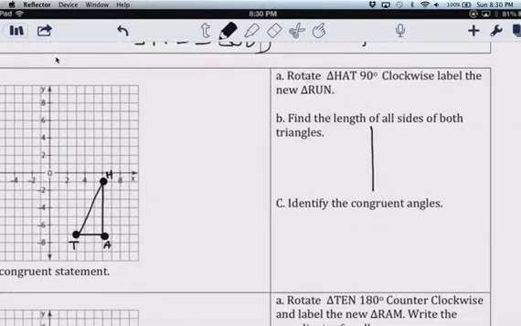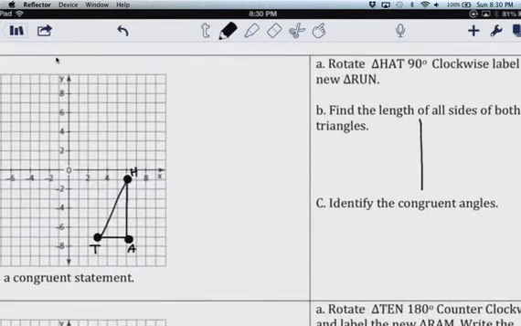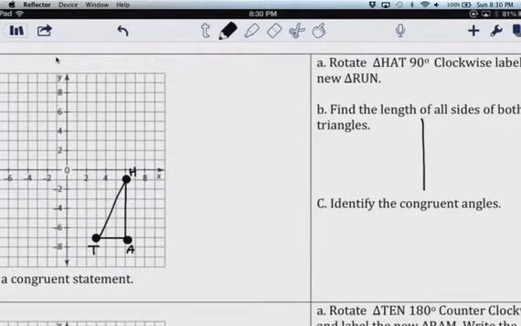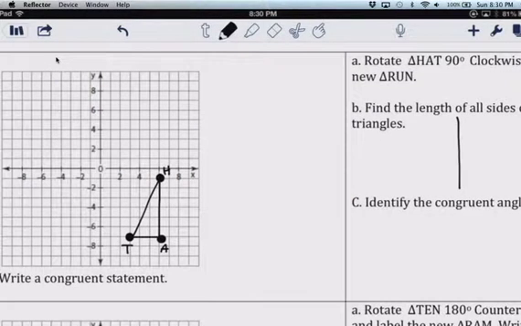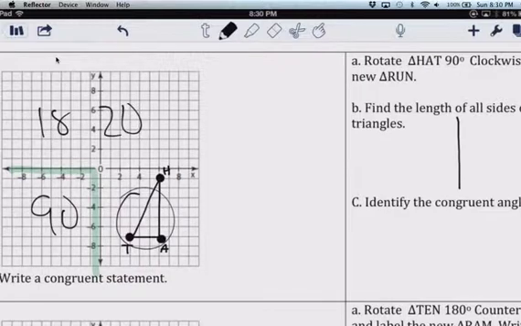Counterclockwise, rotate 90 degrees. Okay, H, 90 degrees would go to here. That's 0, that's 90, 180, and 270. So 90 is over there.